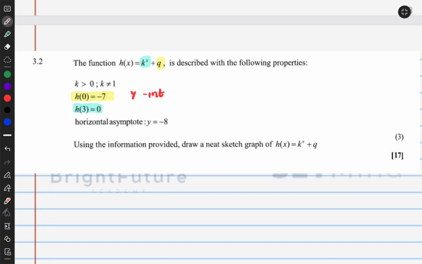So the function of h is equal to 0. That will be our x-intercept. Use the information provided to sketch a neat graph of h.